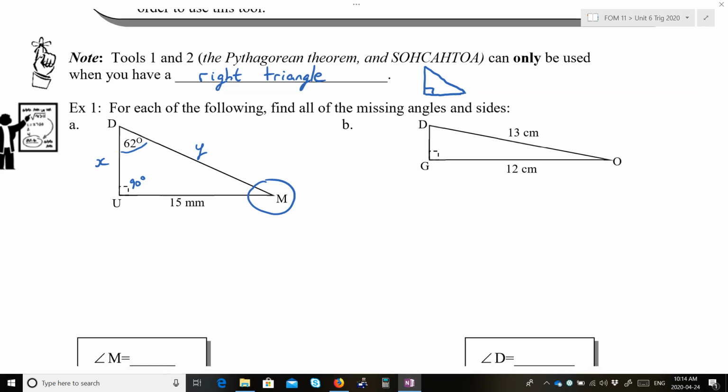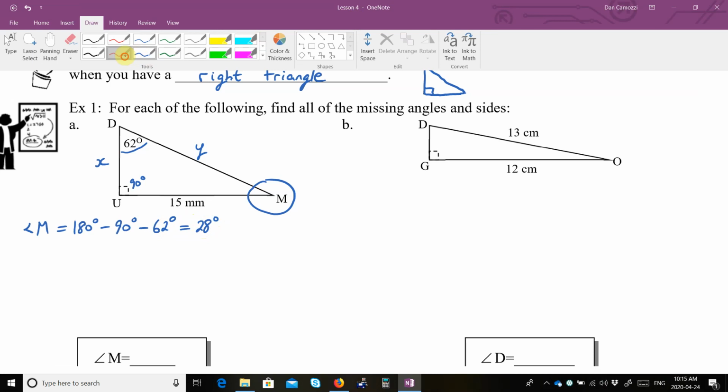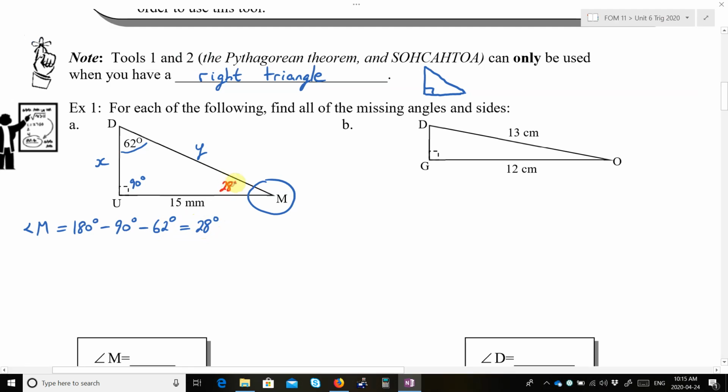Okay. So if we know 2 of the angles, guys, it's pretty easy to get angle M because the angles have to add to 180. So what you do to get angle M is you go 180 degrees minus 90 degrees minus 62 degrees. Okay, and if you do that, you are going to get that angle M is 28 degrees. So let's write that in there, 28 degrees.